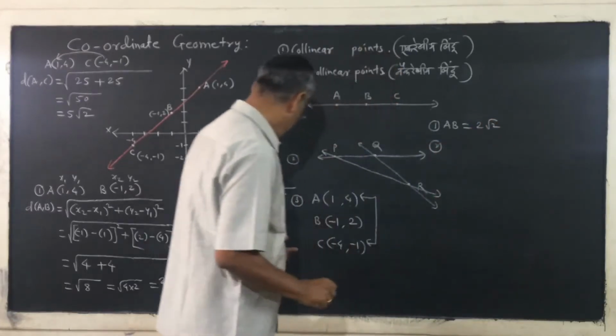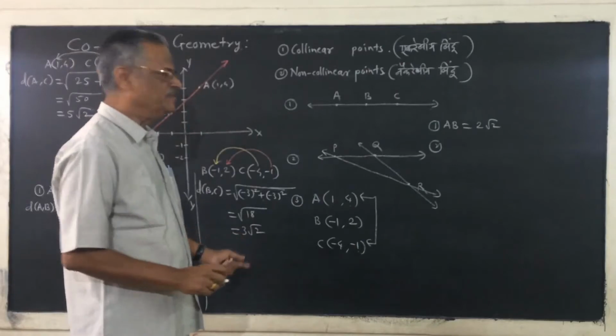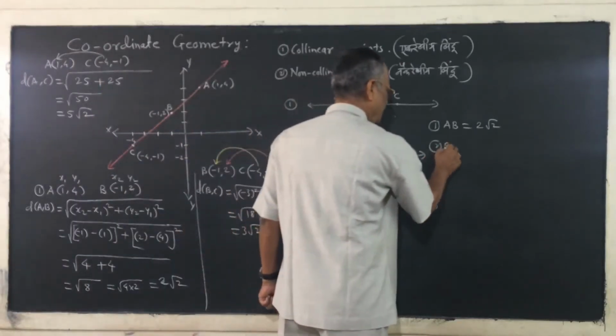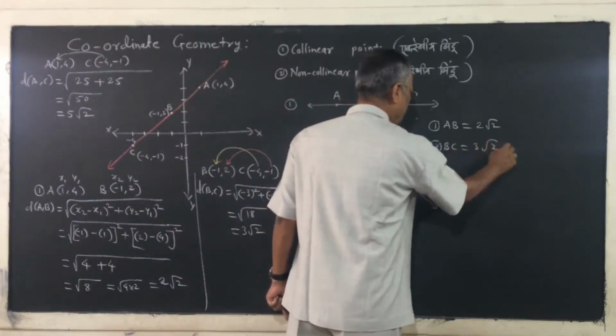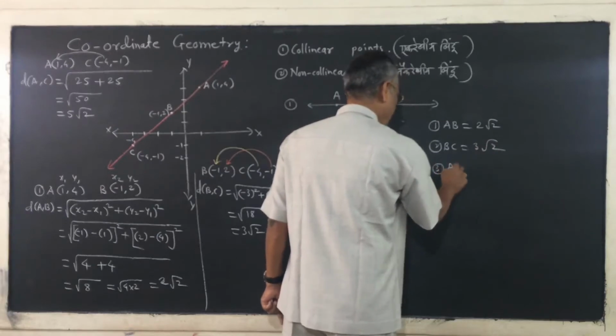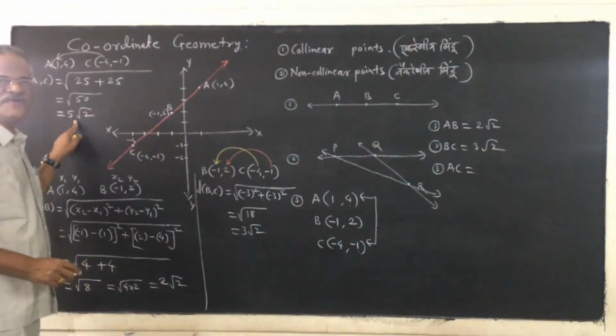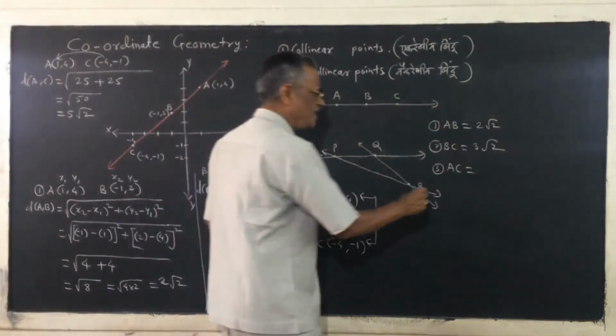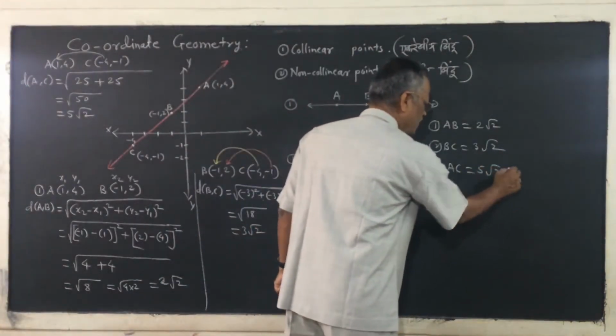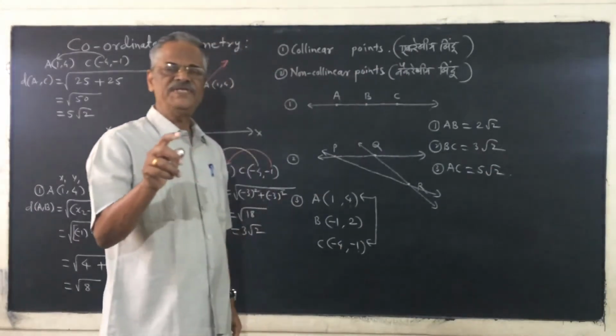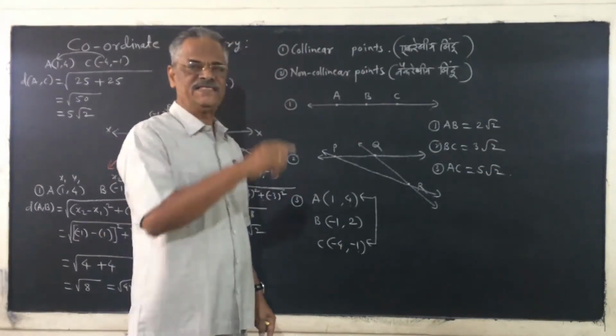Second one, BC is equal to 3 root 2. And AC distance, what is that AC distance? It is 5 root 2. Now compare which is the greatest distance.